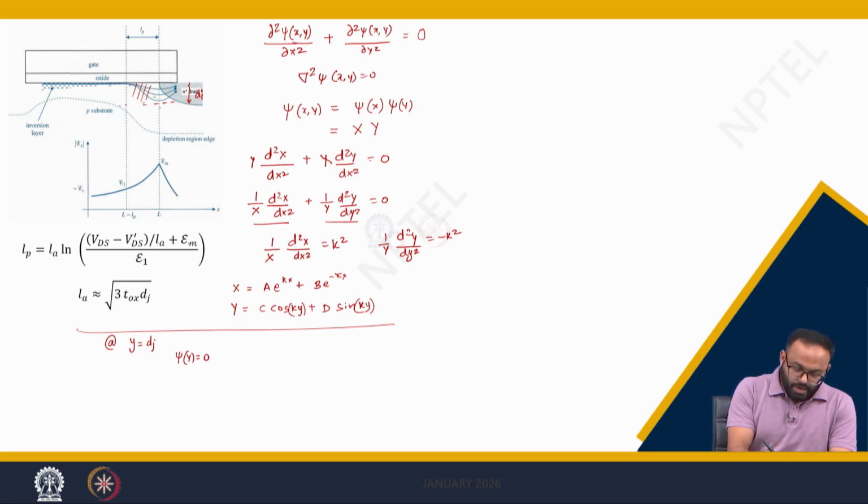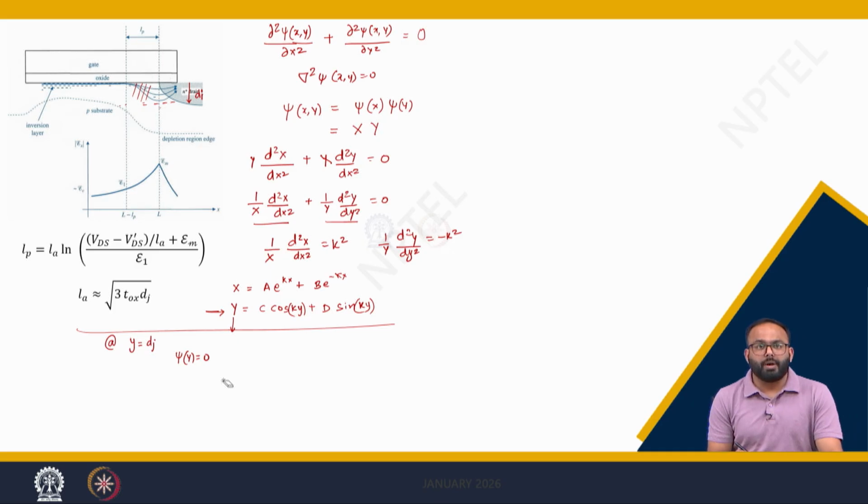So at y equals dj, we can say psi equals 0. So we can use this equation to put Y, meaning the capital Y, equals 0 is equals to c cos 0 is c plus, so c is equals to, so we need to have some boundary condition.